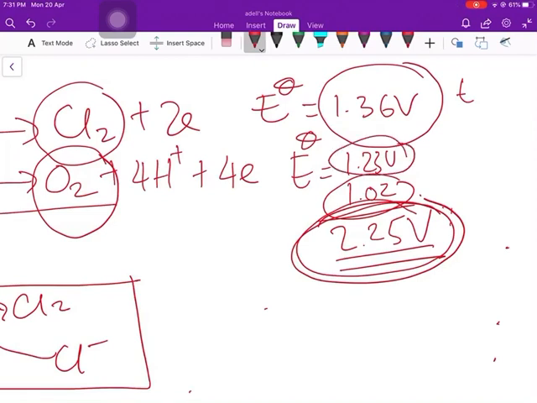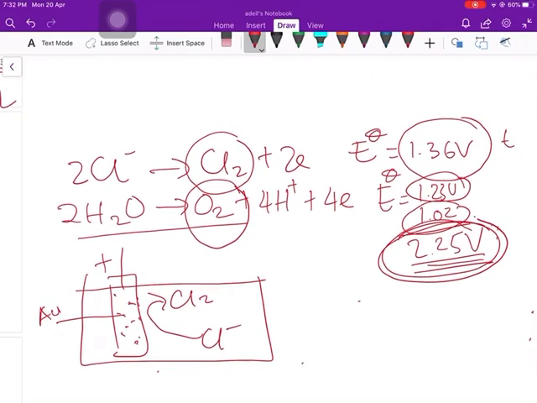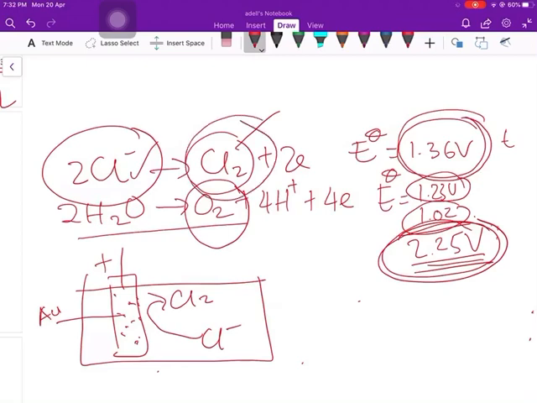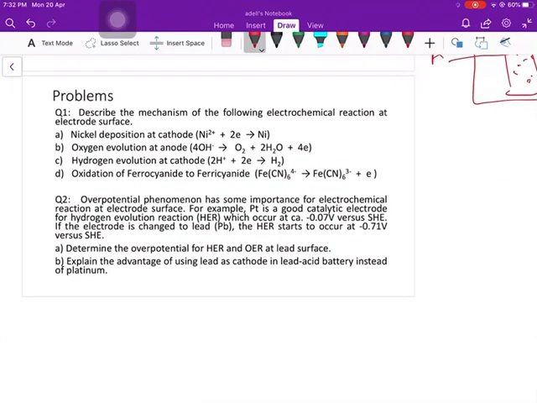So if oxygen can only be evolved at 2.25 on gold, chlorine can easily form on gold at 1.36. Another factor by which you can produce chlorine is to increase the chloride concentration. So the concentration factor or the overpotential can make you produce chlorine. Okay, so that is about overpotential.